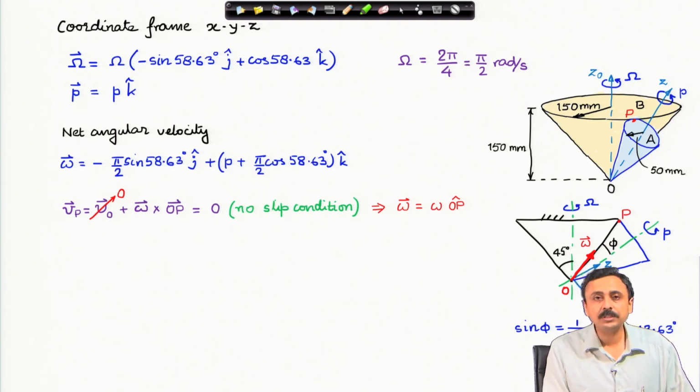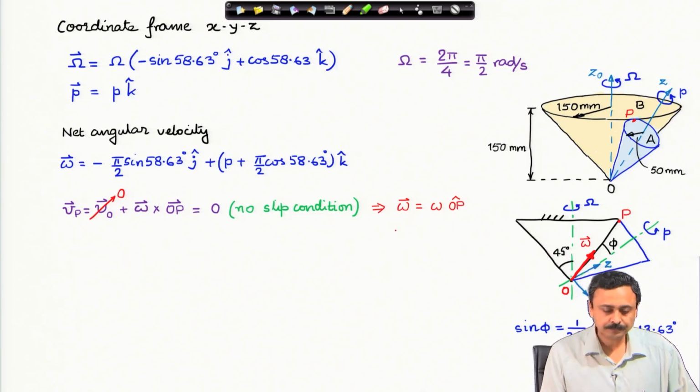This is a very important conclusion that we draw from the no slip condition. The net angular velocity of cone A is along the OP cap vector, the line of contact between cone A and cone B. Therefore, omega must be some magnitude times OP cap, the unit vector along OP.